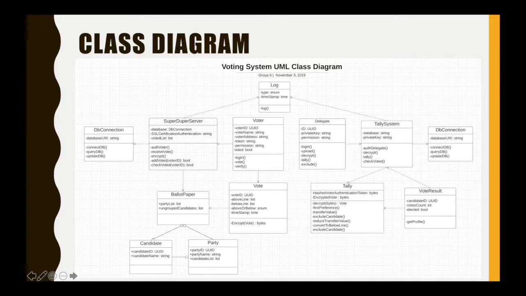Class DB Connection is for the interactions between the database and the web server and tally system. And we also have other classes representing different data structures, such as class Voter, Vote, Delegation, Candidate, Party, and class Log.